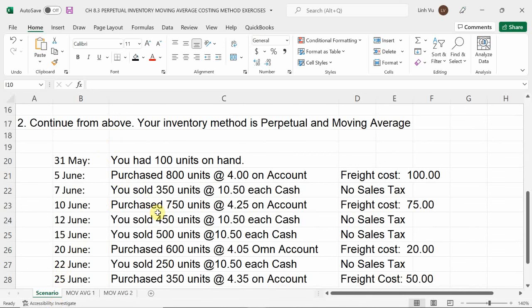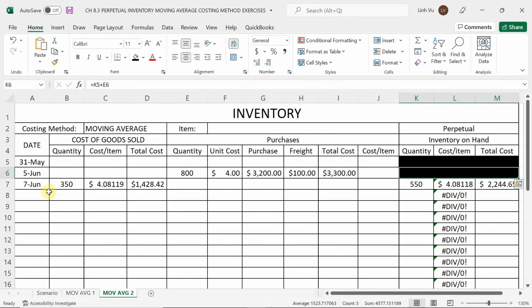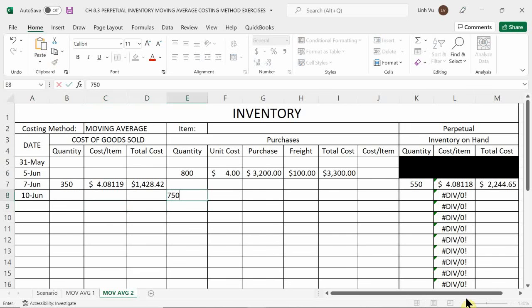We end up purchasing on June 10 an additional 750 units at $4.25 with a freight of $75.